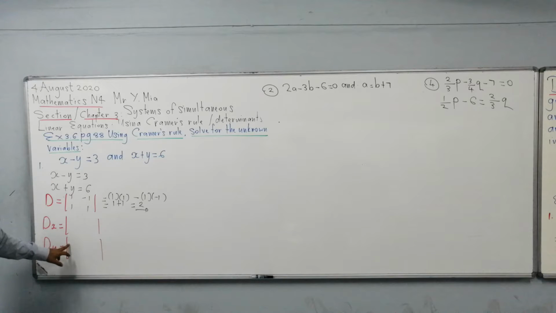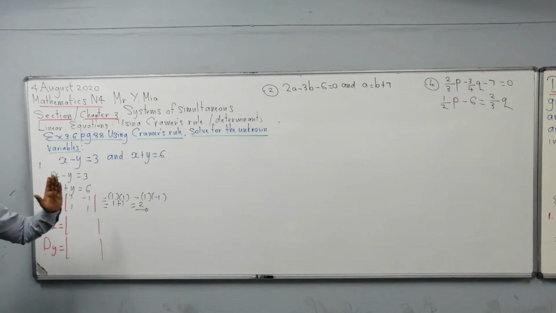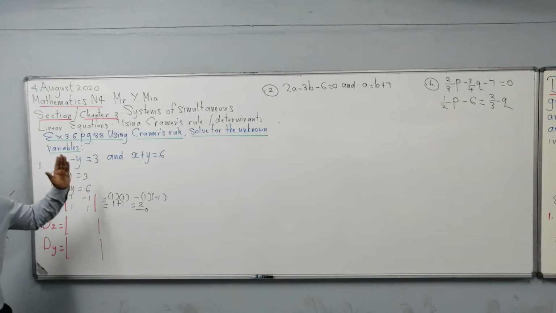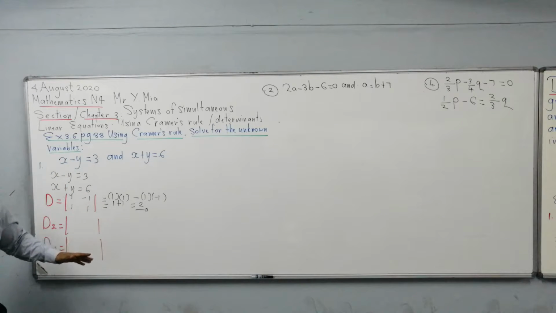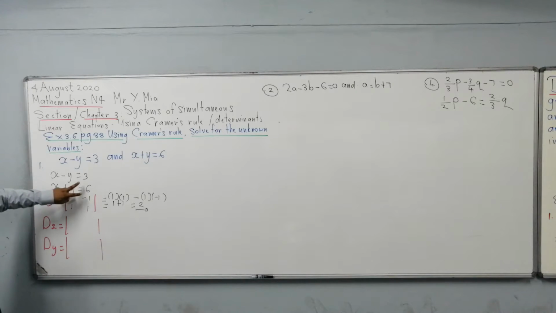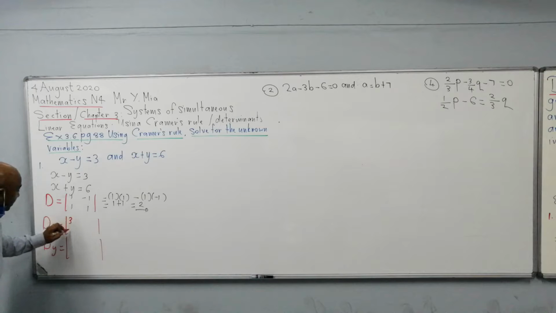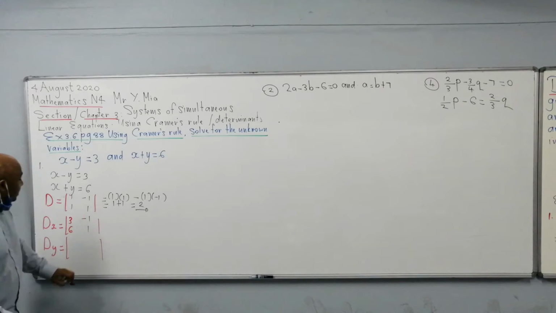Now Dx, what do we do? We replace the coefficients of x from D. We basically replace the x column. So there's the x column here. Replace it with the constants 3 and 6. The y column will remain the same, so that will be minus 1 and 1.